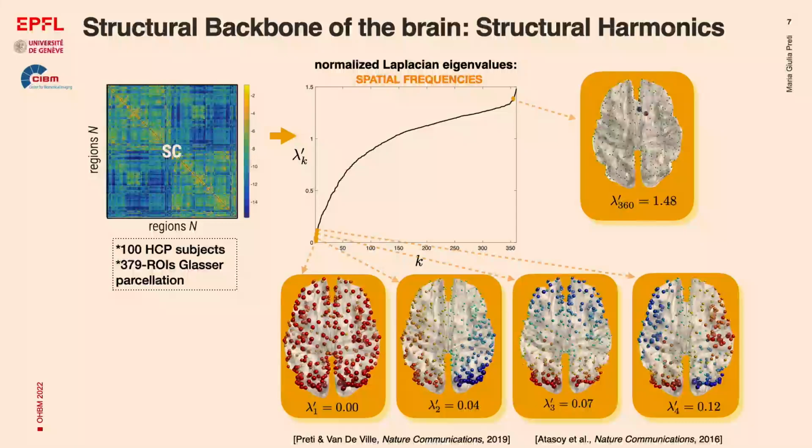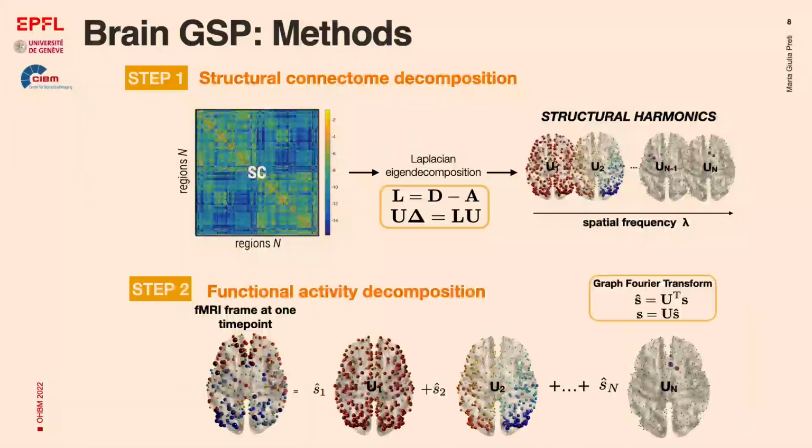And it's very important to understand this difference, because now what we do, as a second step, is projecting functional activity at a certain time point on top of these structural harmonics. So in other words, we explain each pattern of functional activity as a linear combination of structural patterns.